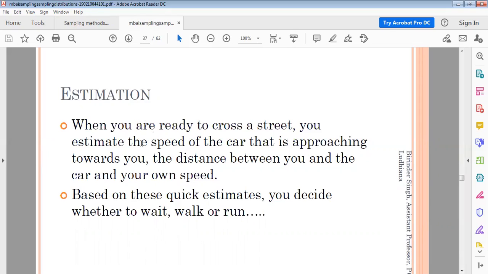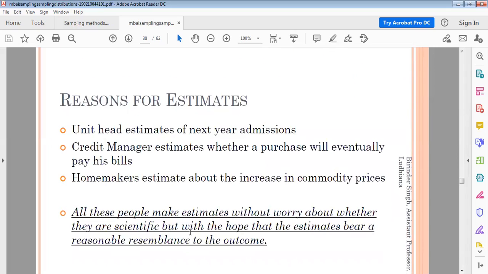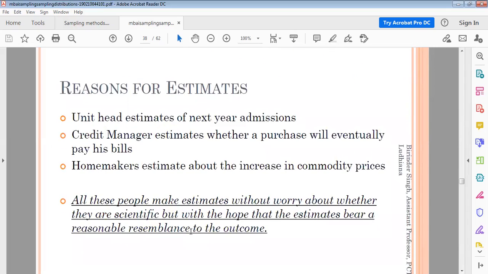You have to estimate the speed of the car, the distance between you and the car, and your own speed also. Then based on these quick estimates, you decide whether to wait or walk or run. This is a real life example of estimation.